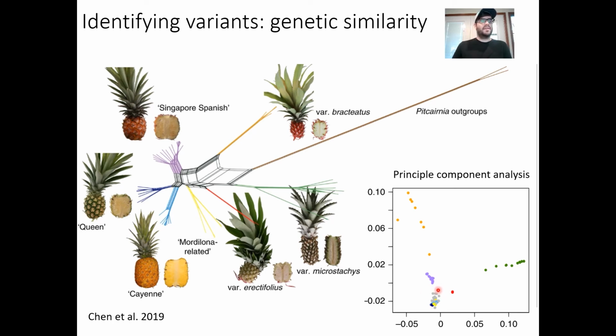Then we have in red the wild species, Rectifolius, and some of the other outgroups, this Bracteatus and this Microstachys. Again, this shows that when we do dimensionality reduction, all of our cultivars are most closely related to this subgroup here. So we can use this combination of dimensionality reduction and hierarchical clustering to look at the relationship between different accessions or different individuals.